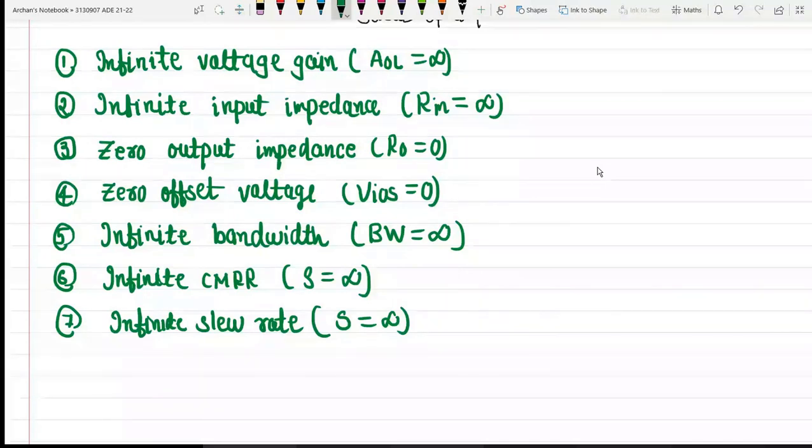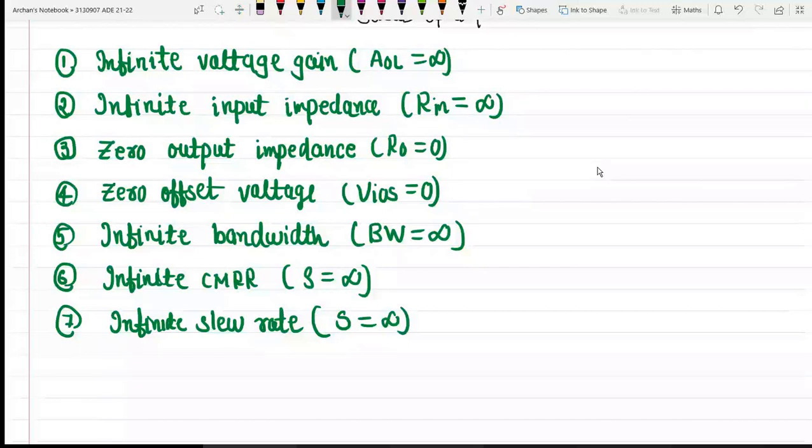And that depends on this value of slew rate, because the slew rate is a very important parameter. When we apply an input voltage, suppose it is a step type, it will change instantaneously, then the output also must change rapidly as the input changes.